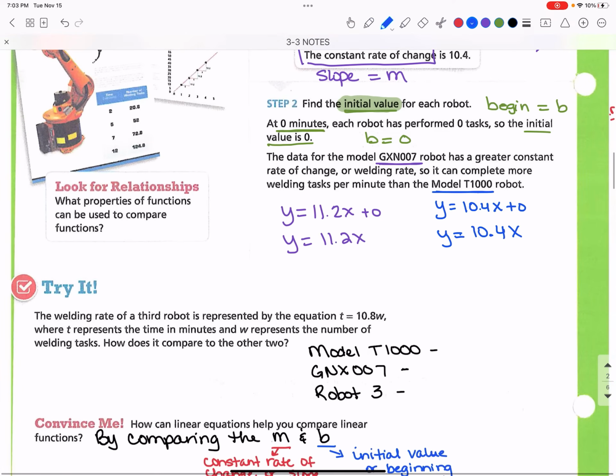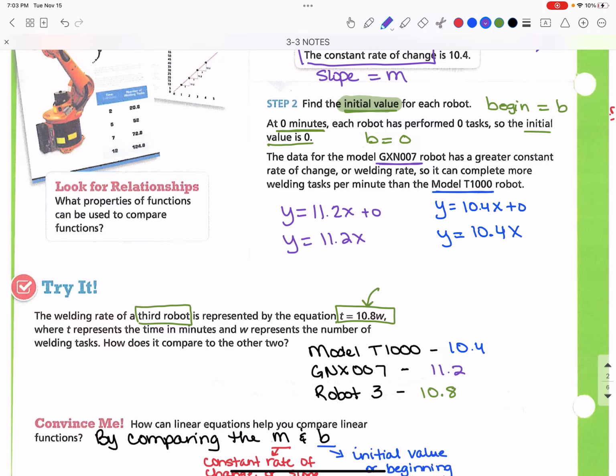Now under this try it, it throws in a third robot, and it gives us the equation for that third robot. Even though it didn't use y and x, we still know that that's the M. So for robot 3, we know that the constant rate of change is 10.8, which means that the third robot can do 10.8 welding tasks per minute. And we've already seen that the model T1000 could do 10.4, and that the 007 can do 11.2 welding tasks per minute.